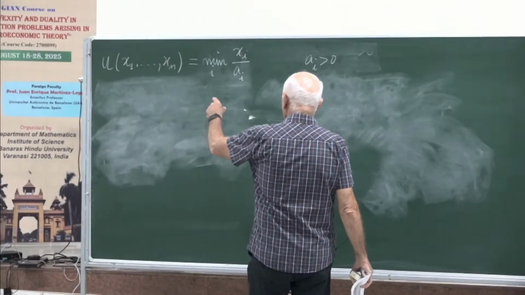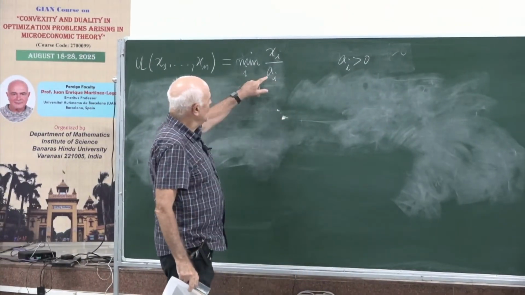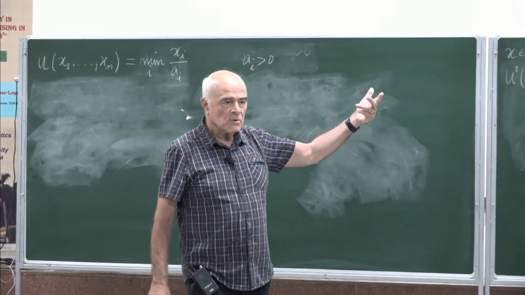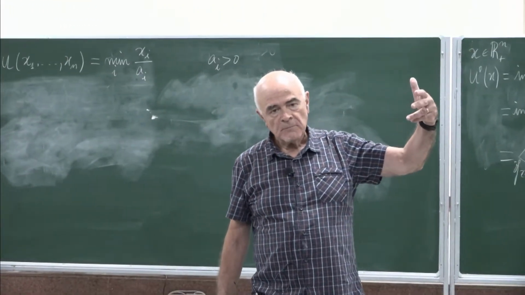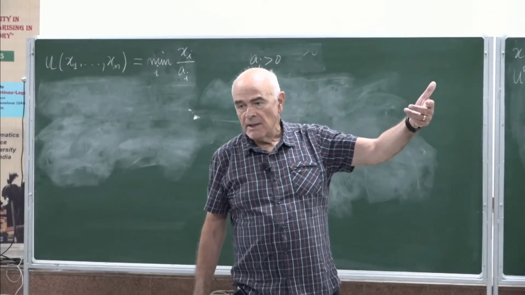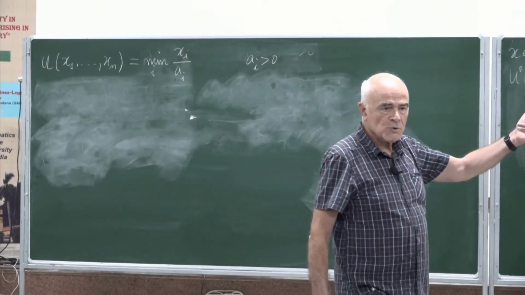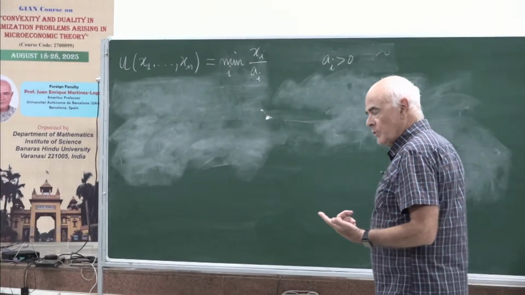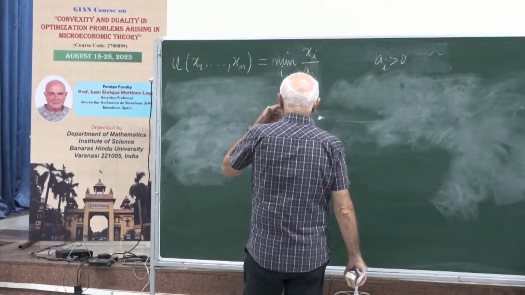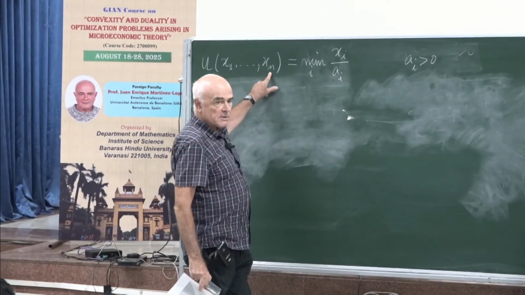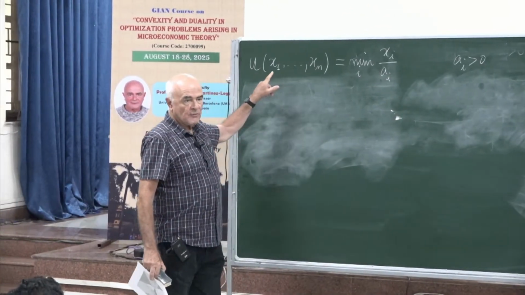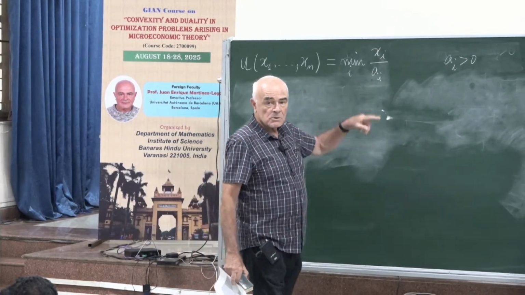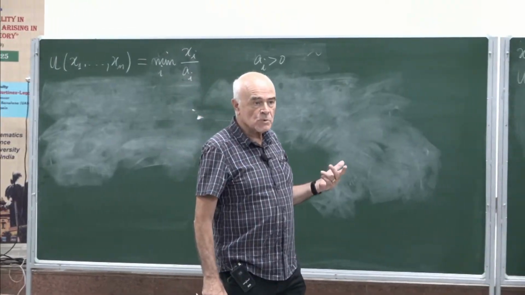So if you need a_i units of good i, of the ingredient i, to produce 1 unit of the food you want to cook, and the amounts of the ingredients you have are x1, ..., xn, then this is the amount of food you will be able to cook.